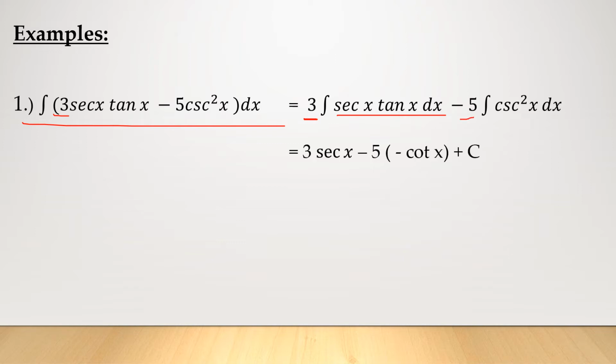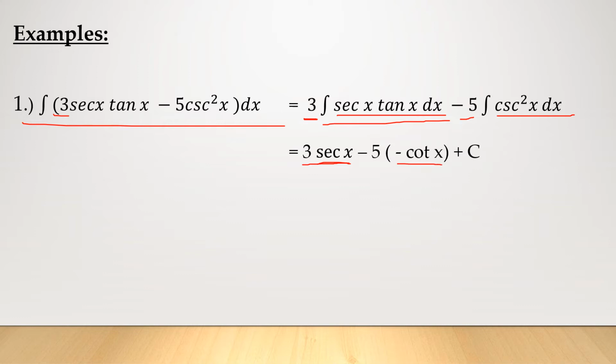Okay? And then, after that, given the equivalent integrals that I showed earlier, the equivalent integral of secant x tangent x is secant x. So we have 3 secant x. And then, for cosecant squared x dx, the equivalent integral is negative cotangent x.